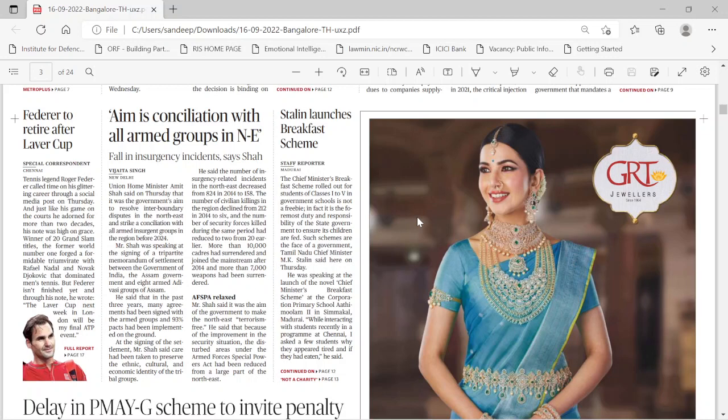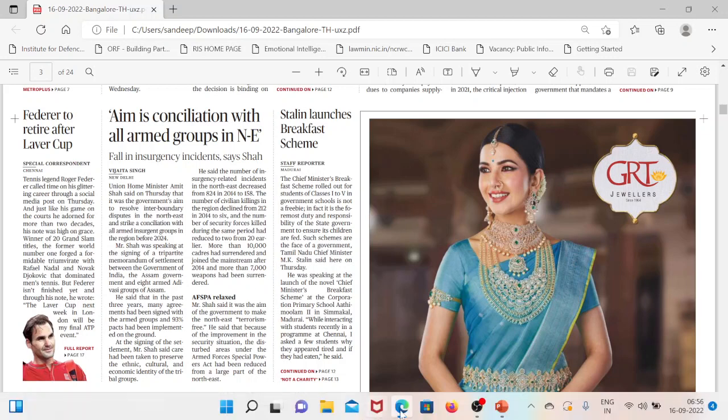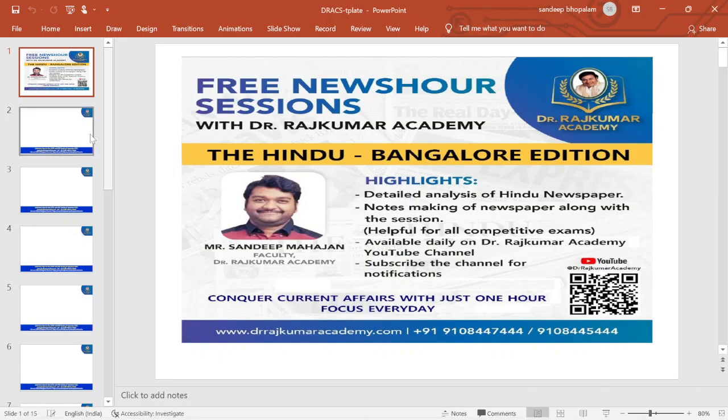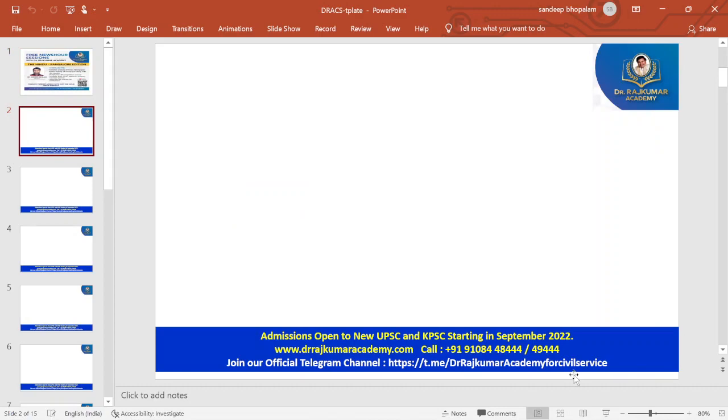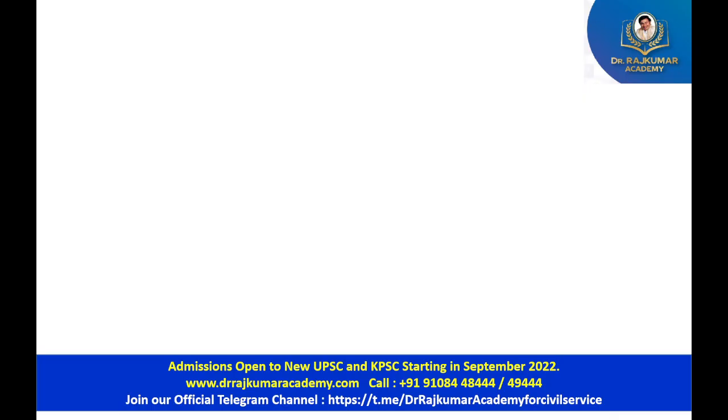When we talk about India's state reorganization, it occurred in three stages. The first stage, as we are aware, is the formation of states on the basis of language.